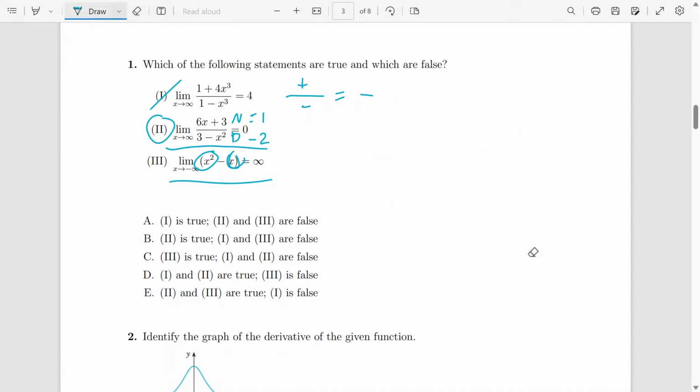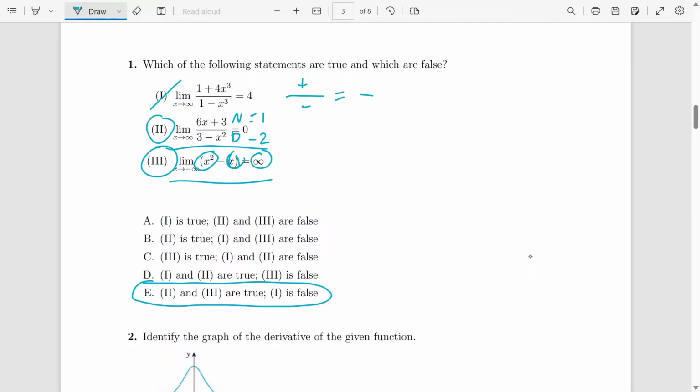We know that the x squared term is always going to be greater than the x term. And since it's a really big positive number minus a less big positive number, that will always be positive, a positive infinity, since it grows way faster than just x. So we know that one's right, it equals infinity, and we can see that E is our answer. 2 and 3 are true.